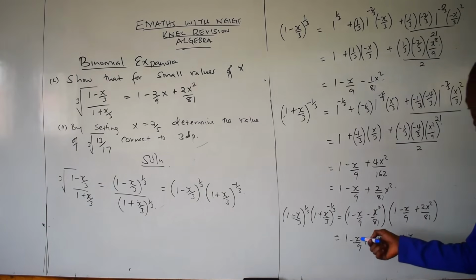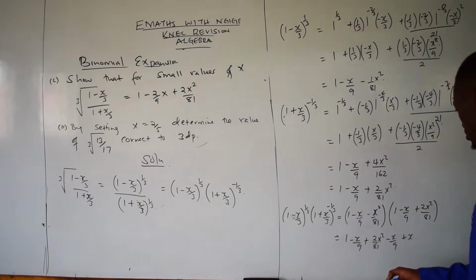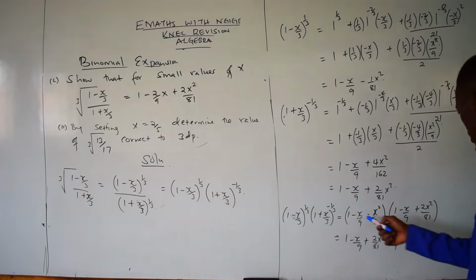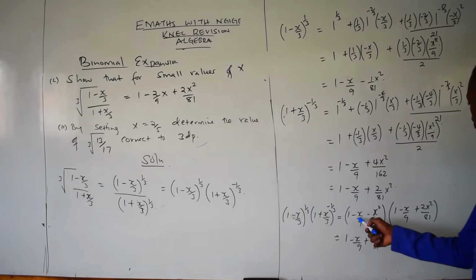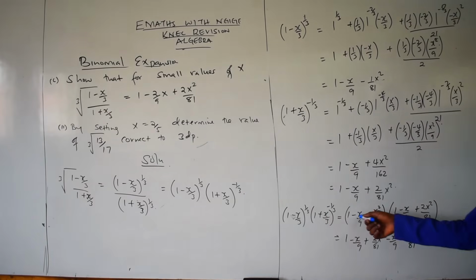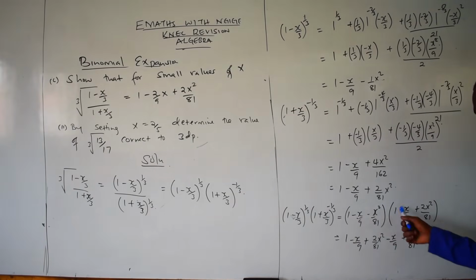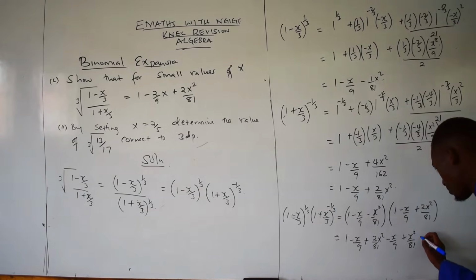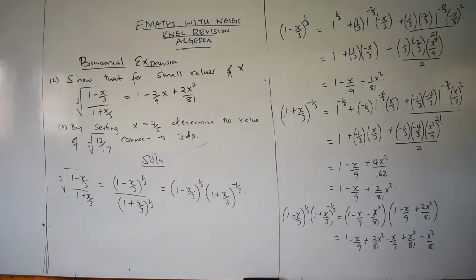Yeah, correct. So this and this gives you this, and this and this gives you positive x squared, then 9 times 9 gives you 81. This and this will give you x cubed. Then you come to the last term, this and this one have minus x squared over 81.